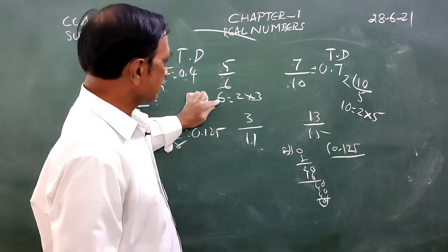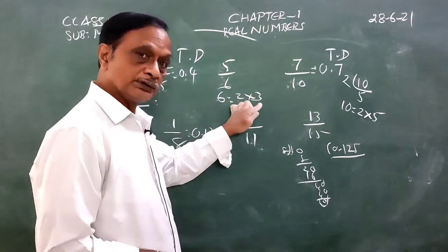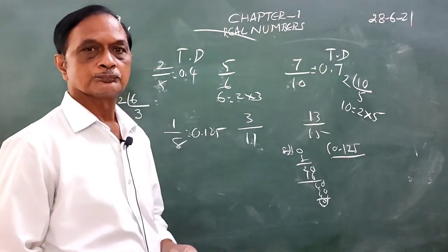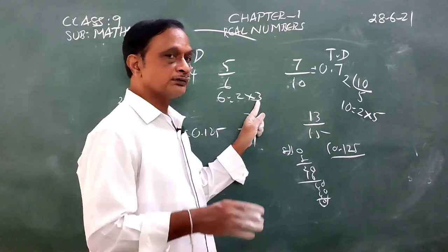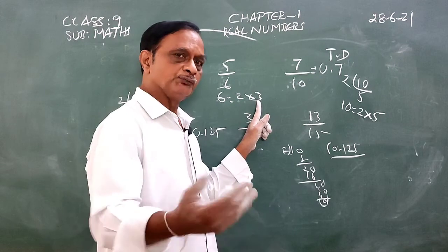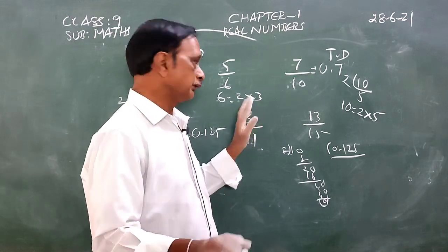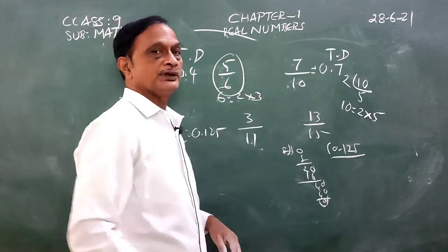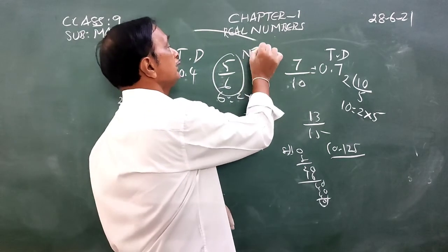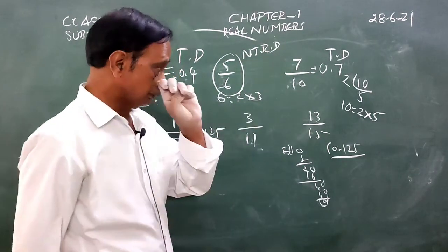Here the denominator 6 consists of 3 in addition to 2. In addition to 2 it contains some other prime factor. What is that? 3. Therefore it represents a non-terminating repeating decimal.